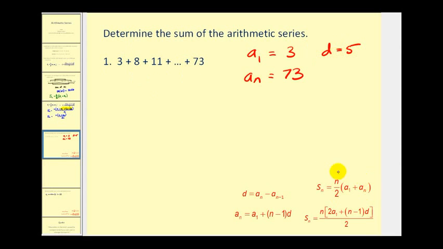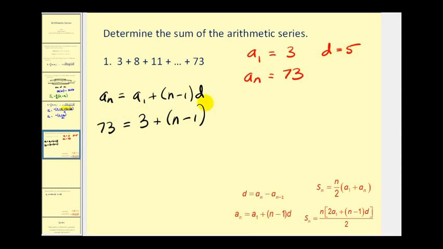Now if we take a look at the formula to find the partial sum, we do have to find the value of n still. But we can use this formula here to find the value of n. If we let a sub n equal 73, we should be able to solve for n. Let's give it a try. A sub 1 is equal to 3. We're trying to find n, and the common difference is equal to 5.